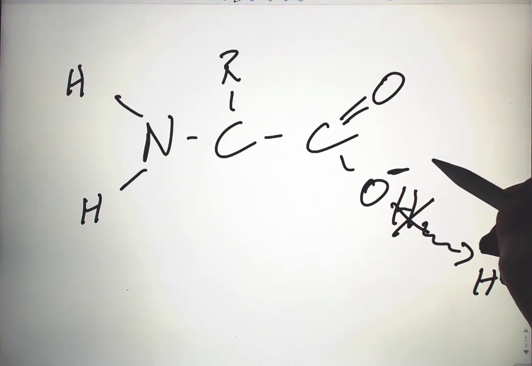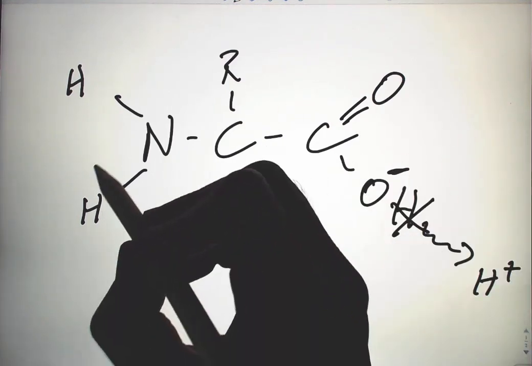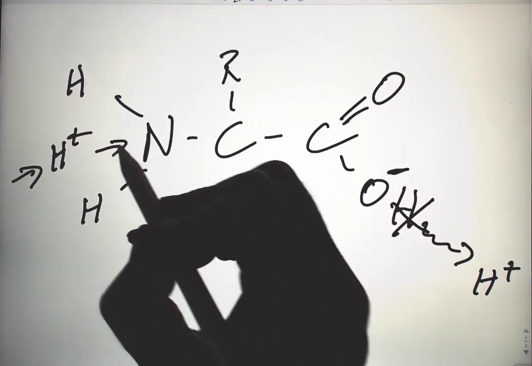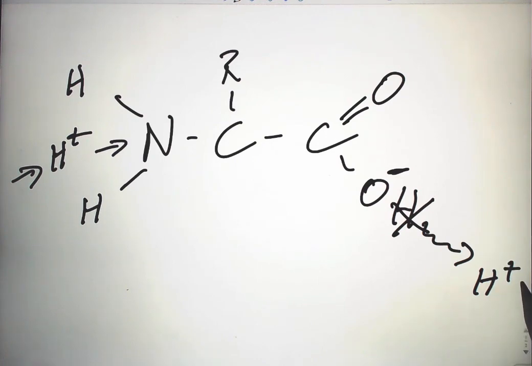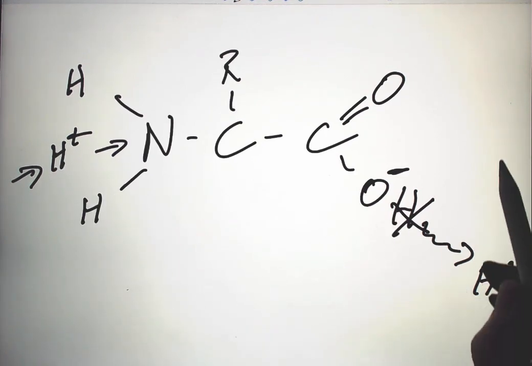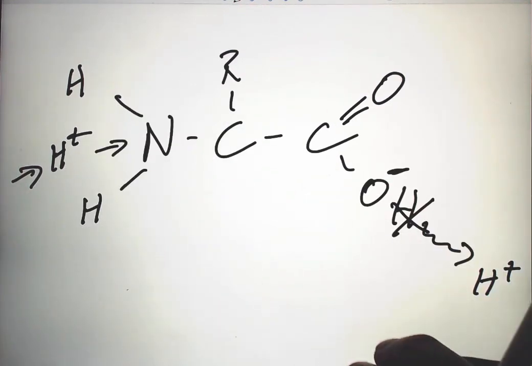We wind up with a negative charge behind. But this amino acid as a whole doesn't tend to make things more acidic, because this nitrogen can attract an H+. So losing a hydrogen here but gaining one here, amino acids have characteristics both as an acid, the carboxyl group, and as a base, the amino group.